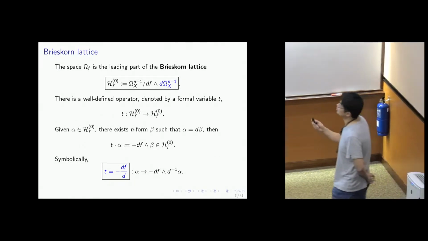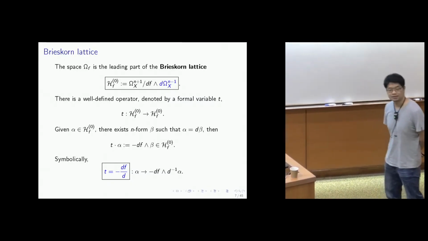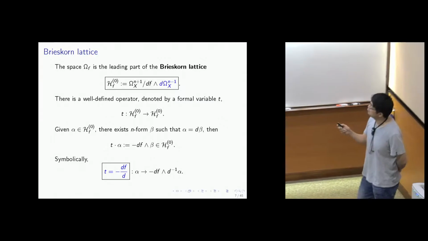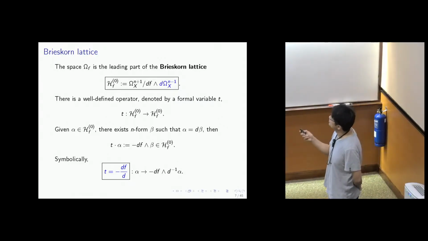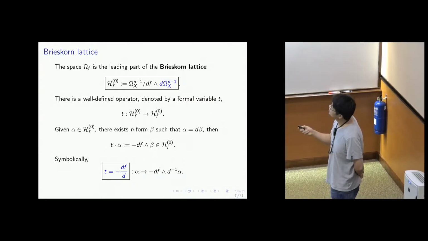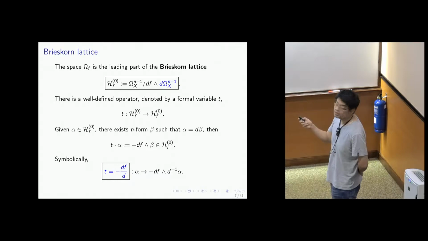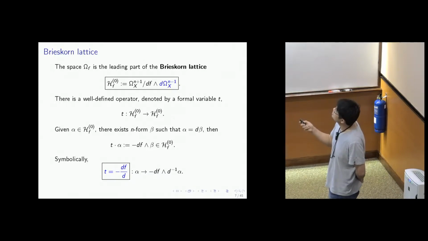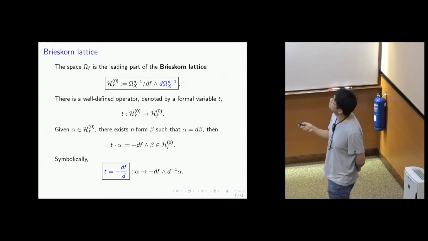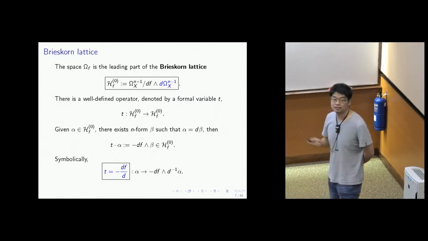On this space there are a lot of structures. As I said, this structure models the complex oscillating integral. For example, here is an operator, let's call it T, which acts on this space. Given an element, represented by a top form alpha, we work locally as a germ. By the Poincare lemma, there exists an (n-1)-form beta such that alpha equals d beta.